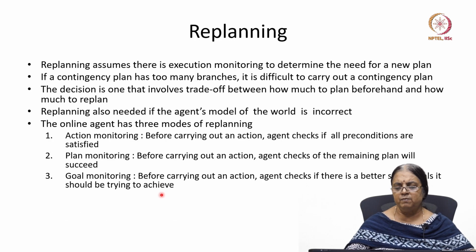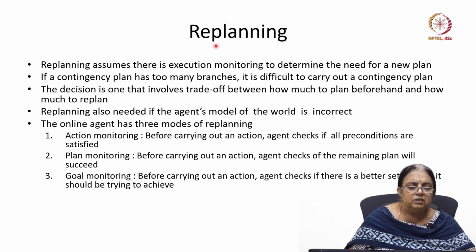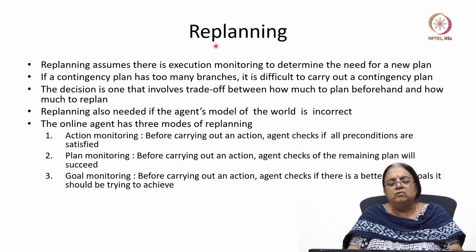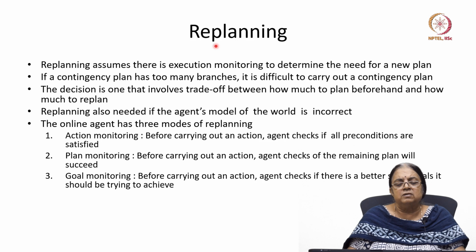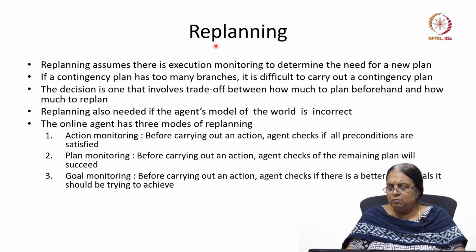So another type of planning that we need to see is the replanning. So here in the replanning you assume that there is some monitoring of the actions which are taking place. So suppose you need to carry out an action, there are some preconditions which need to be met for that action to take place, right.